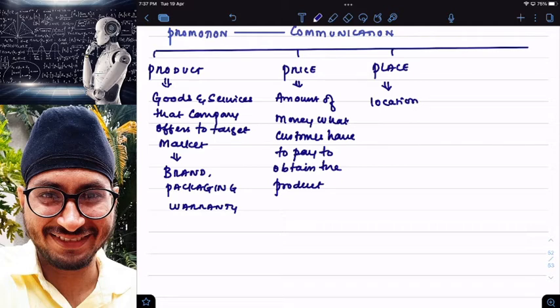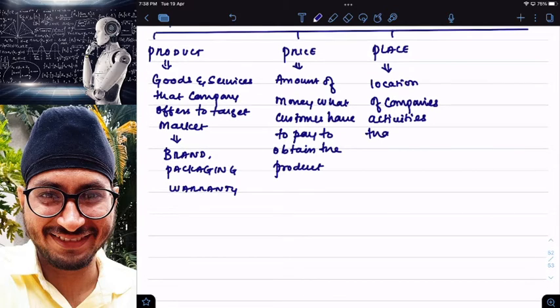Location of company's activities that make product available to customers. Clear?